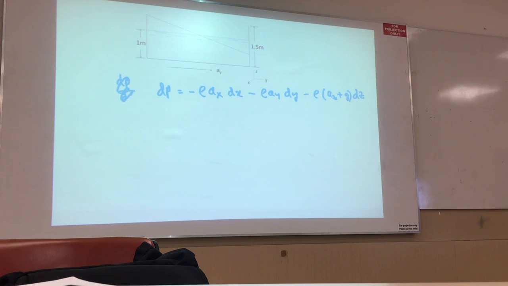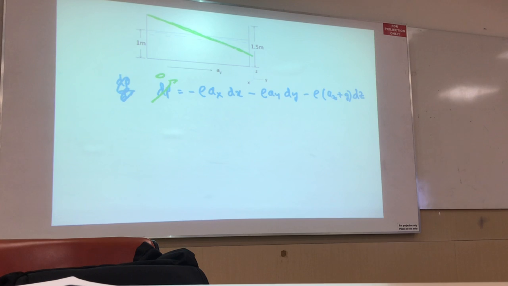Am I right? I only substitute the value. But the change in pressure is 0, right? Because these lines are of constant pressure. That's why this is 0.